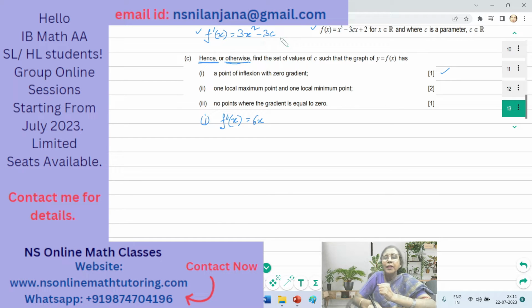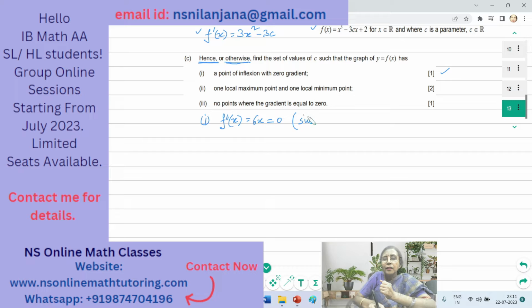And minus 3c is a constant, so its derivative will be equal to 0. So the second derivative's expression is just simple 6x. And since it is a point of inflection, the second derivative should be equal to 0.